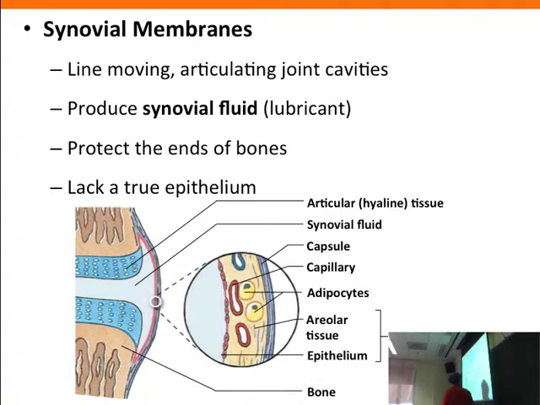Here is the underlying areolar tissue of the connective tissue, helping to form the membrane. These epithelial cells are releasing synovial fluid that acts as a fluid cushion to the joint, lubricating the joint as these two bones rub against each other when the joint is moving, and also supplying nourishment, a nutrient broth for the cartilage.